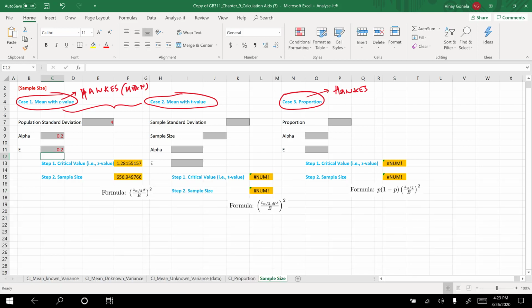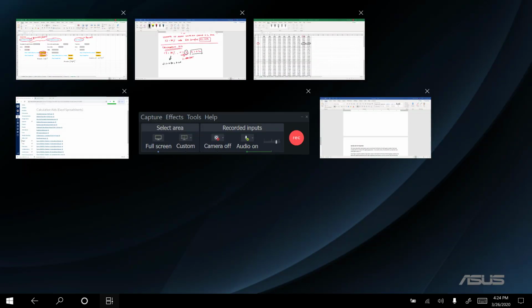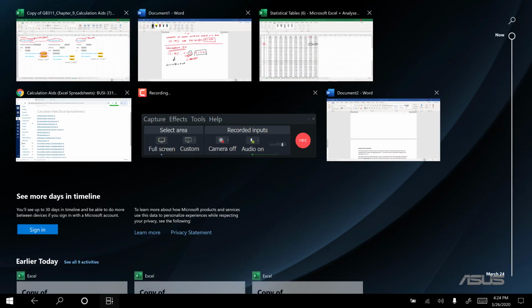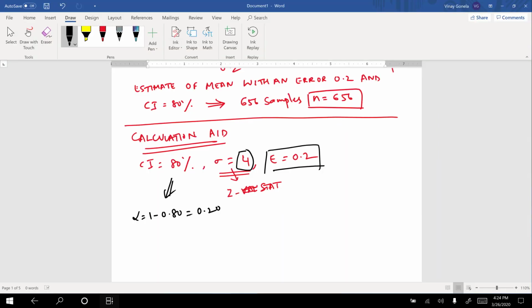If you see, we got our critical value 1.28, and our sample size is 656.94, so you can round it off to 657. This is the exact value because we took our z value as 1.28155 rather than 1.28. So that is the sample size with z values, where you have a known standard deviation.